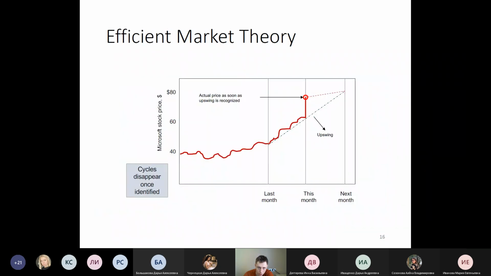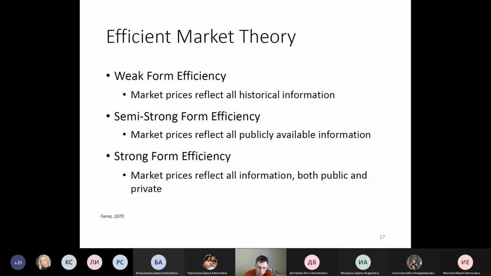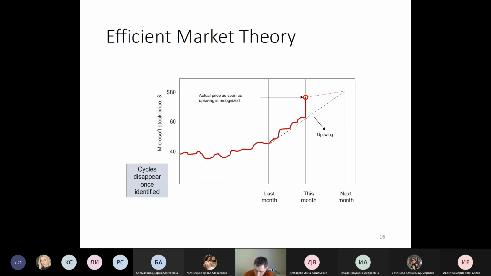This is the thing, and what is important in the movement of the stock prices is the information. It is a key factor that affects the changes in the stock price, in the assets price in general, because the results of the firm would affect its price.